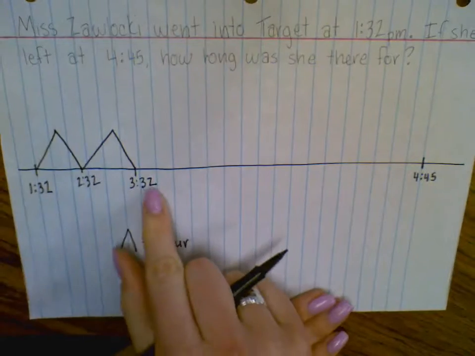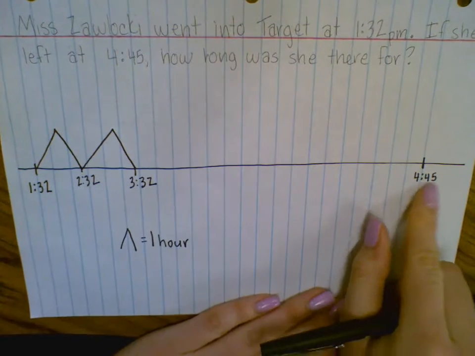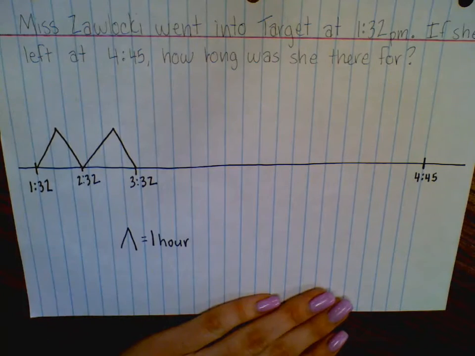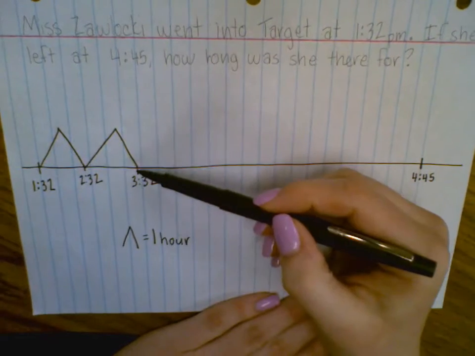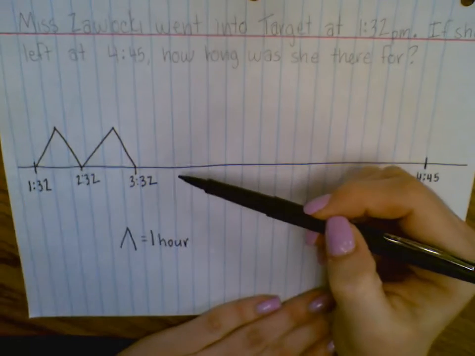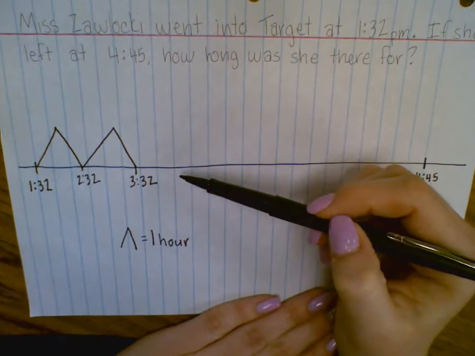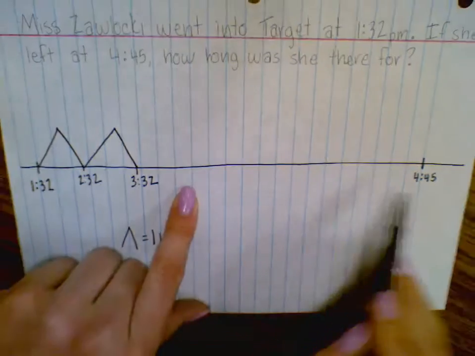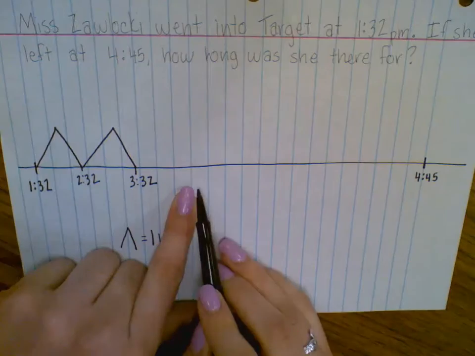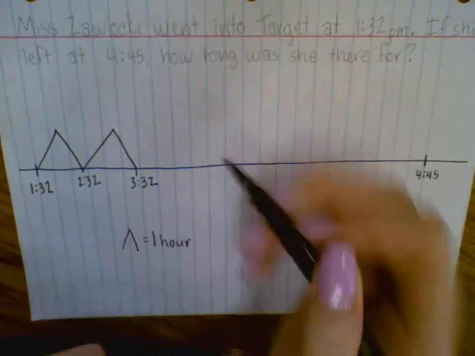Now I have to think, because I know 3:32 is getting close to 4:45, so I have to think if I can still add 1 more hour. So before I draw anything, I'm going to think, okay, 3:32 plus 1 more hour is 4:32. So if I do 4:32, I can still draw it because that's before 4:45.